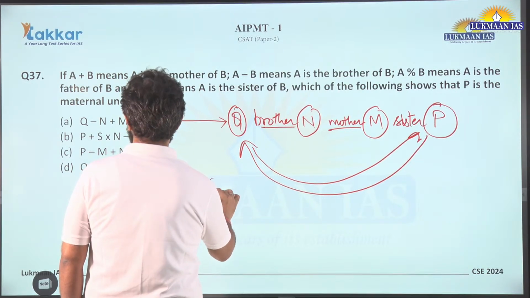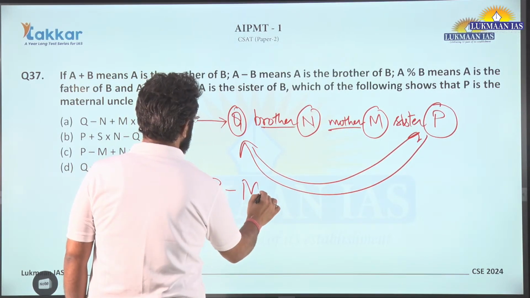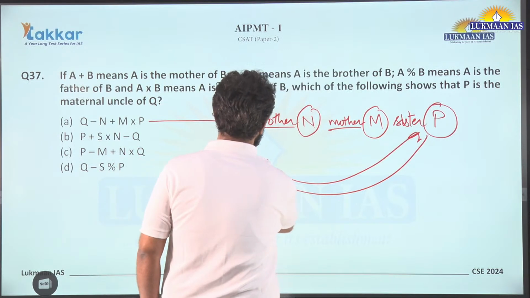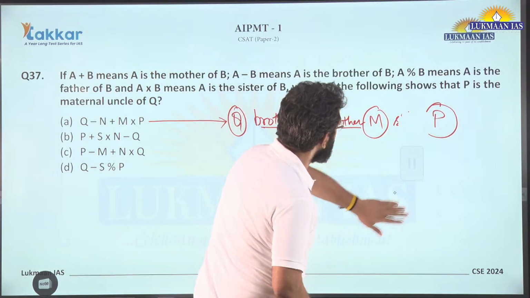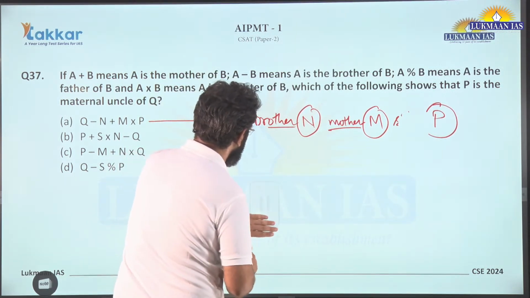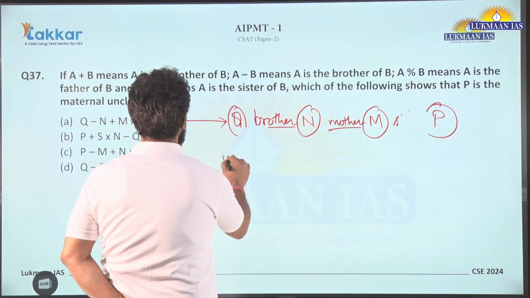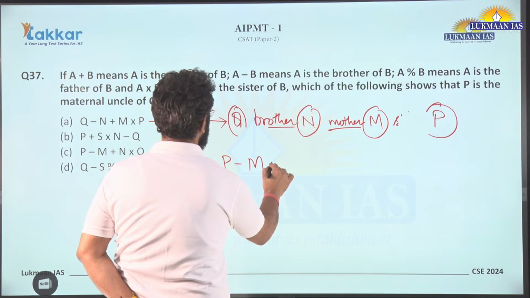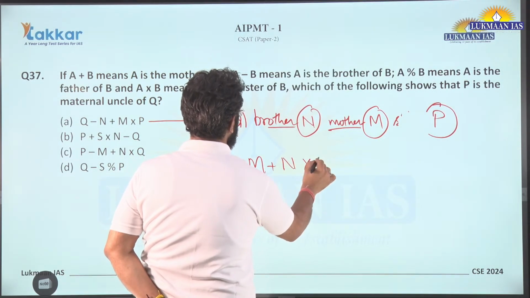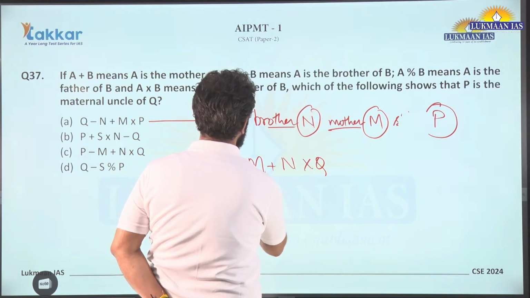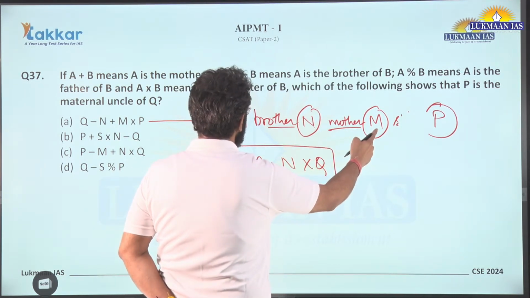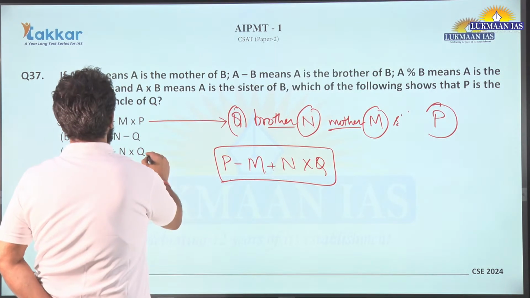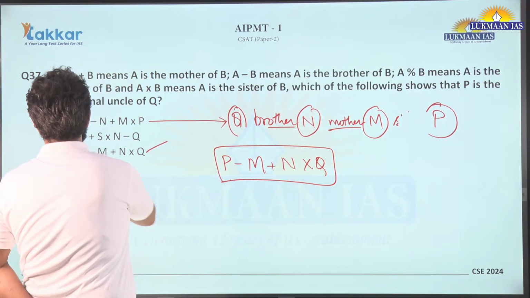So it would be P minus M, and P would be the maternal uncle of Q. Option C is the right answer.